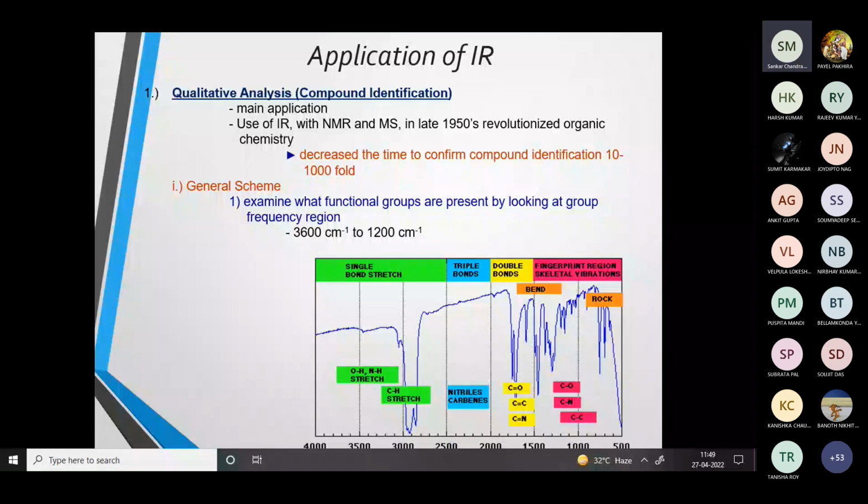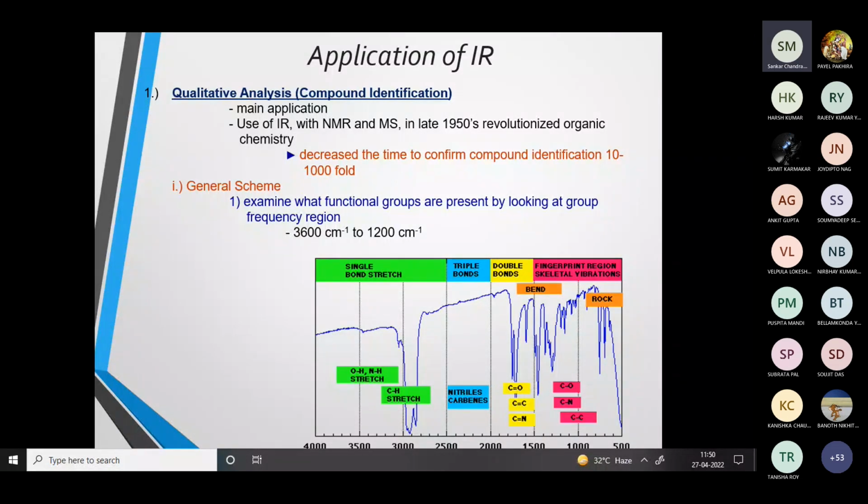Not only that, for organic compounds, different drug molecules, different polymers, and nowadays the very commonly used smart materials, not only benzoic acid or nitrobenzene, all these materials we can characterize by means of infrared spectroscopy.